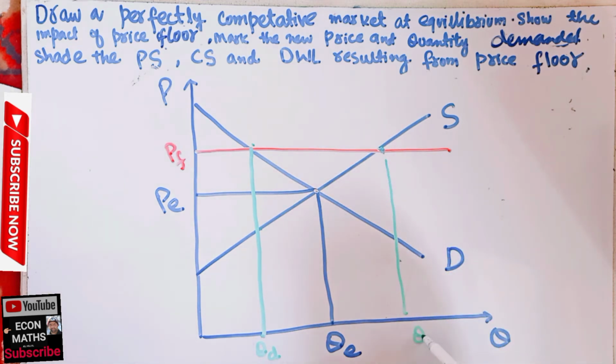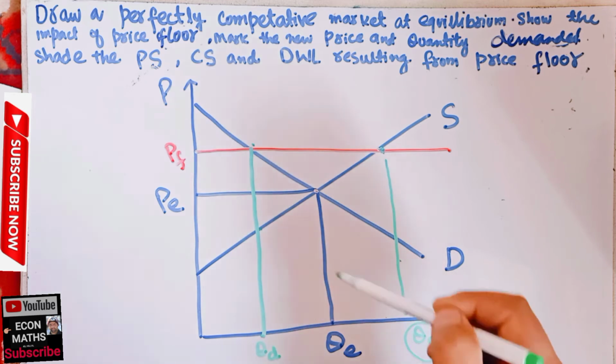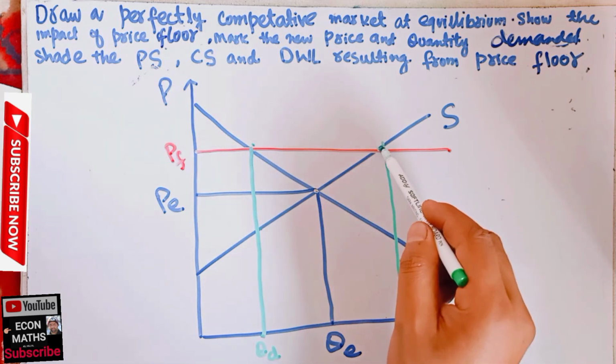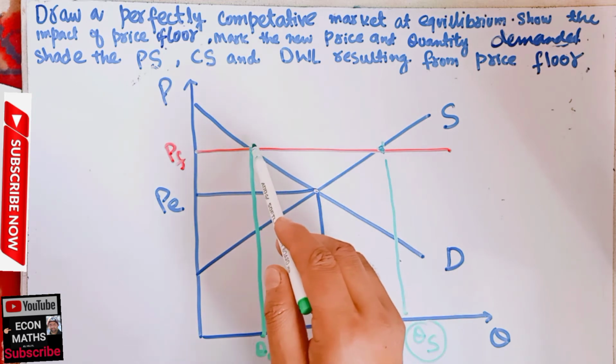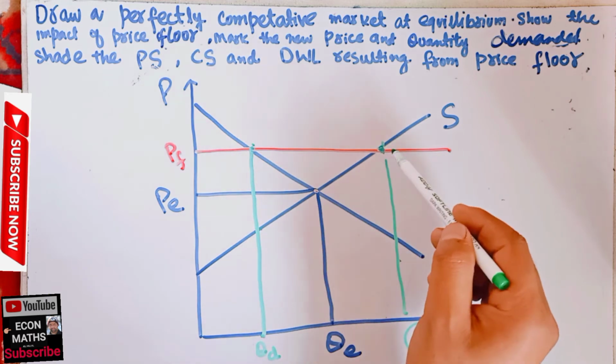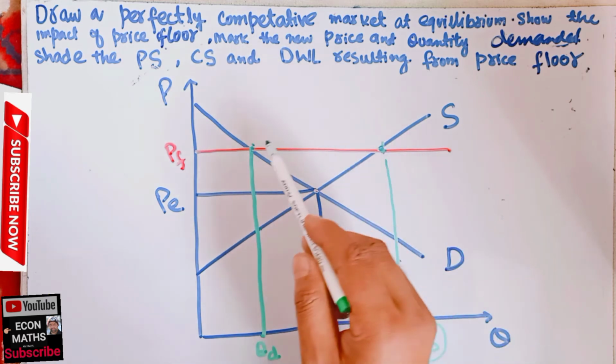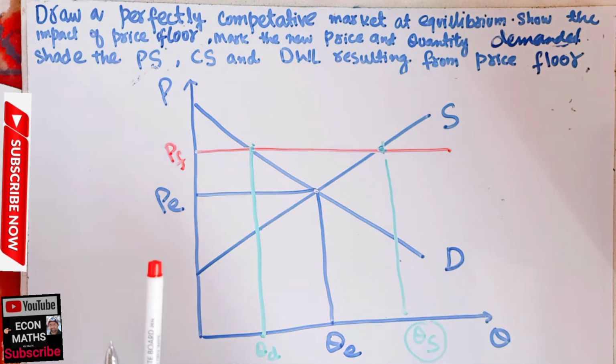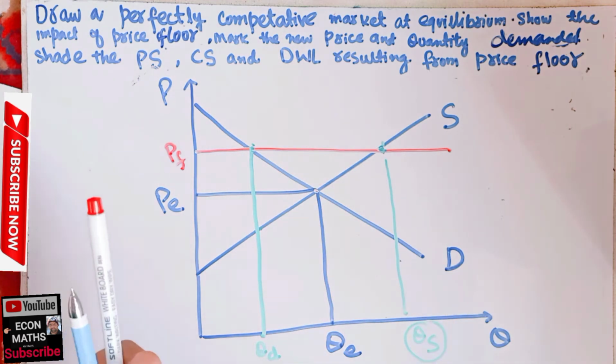The quantity supplied is greater than the quantity demanded, since quantity demanded is only this point. There is a surplus in the market.